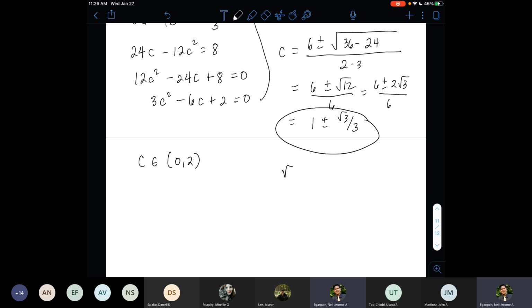Now, what do we know about root 3 over 3? This is something that is less than 1. So that means if you add it to 1, you'll get something less than 2. If you subtract it from 1, you get something greater than 0. So I guess both of them qualify as the values for c. So here, your answer should be both 1 plus and minus root 3 over 3.